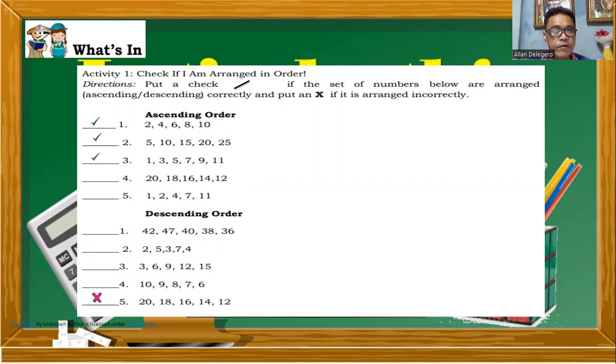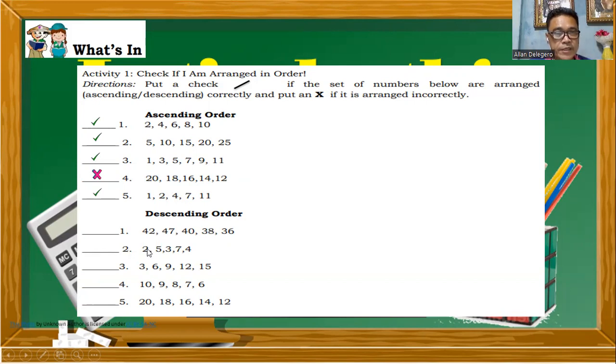And number 4, okay, mark it wrong because 20, 18, 16, 14, 12 is an example of descending order. It is from biggest to smallest. And for number 5, check.